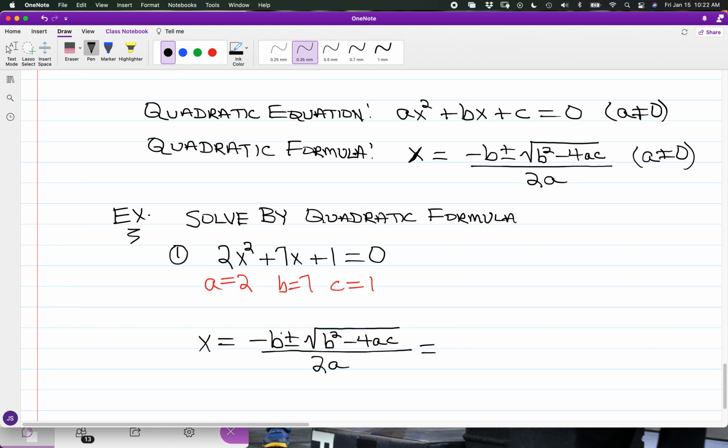And so with negative b, I have negative 7 plus or minus the square root. For b squared, b is at 7, so I'm going to square 7, and I got minus 4 times 2 from a, and times c, which we have at 1.